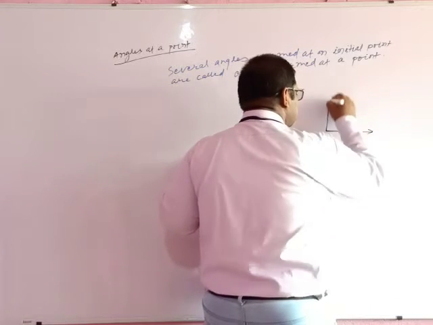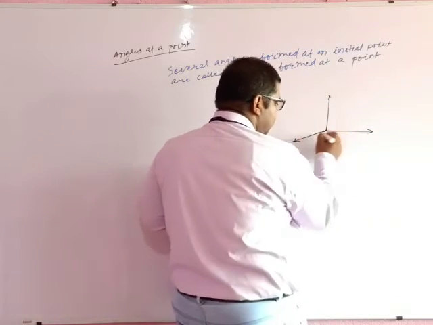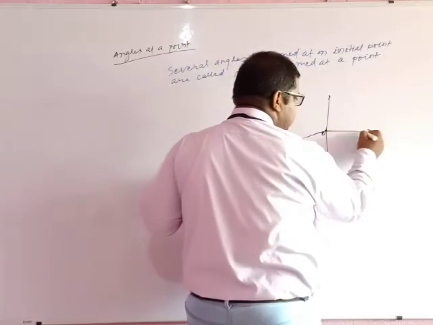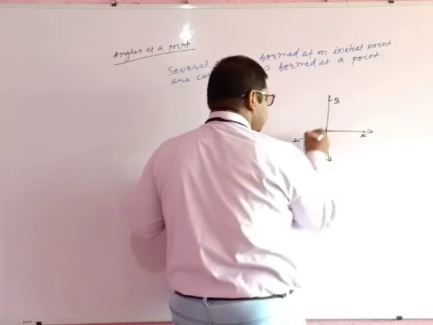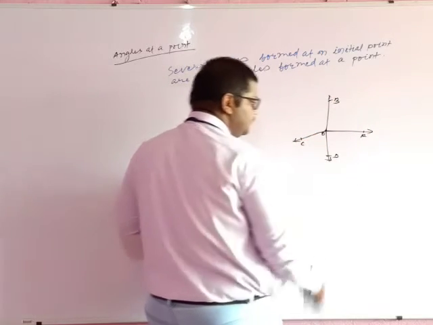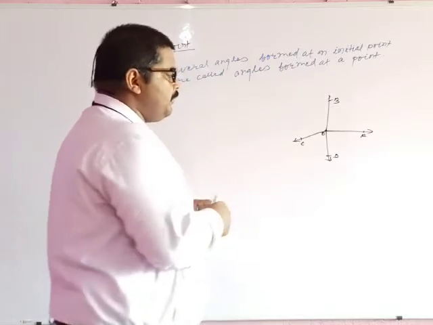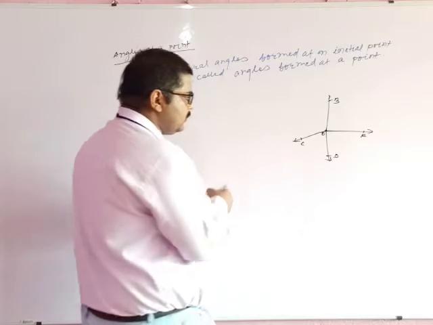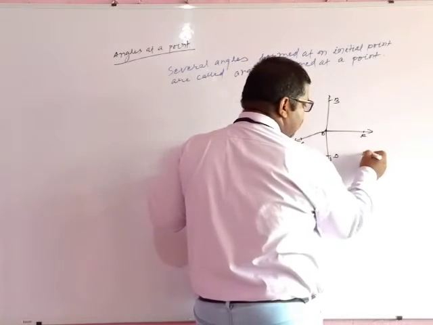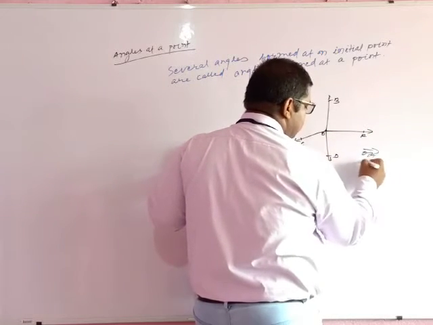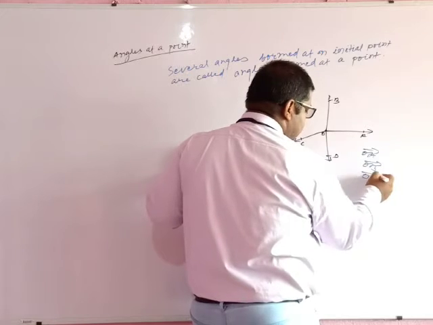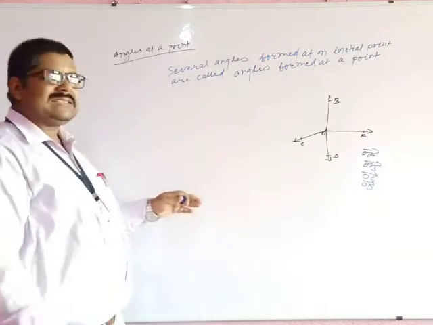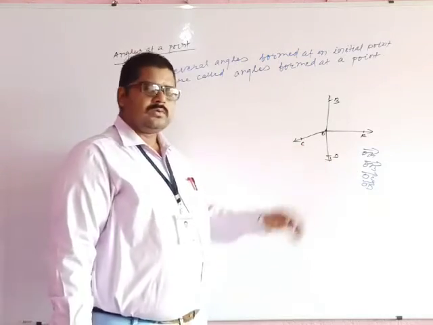If you draw this one and name it A, B, C and D, actually 4 rays start from O, and this is why OA, OB, OC and OD all start with the same initial point O.